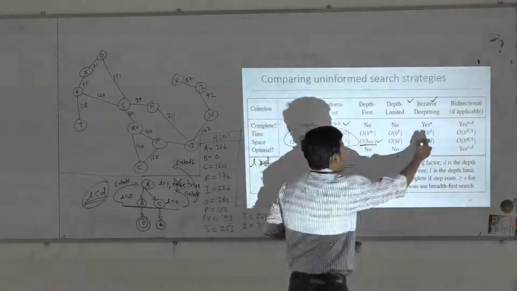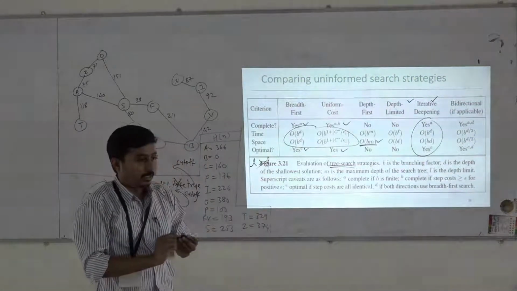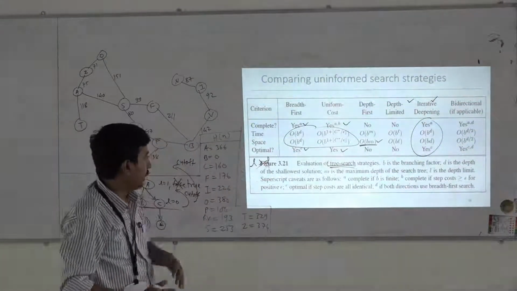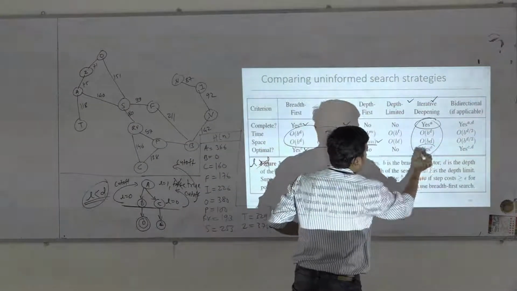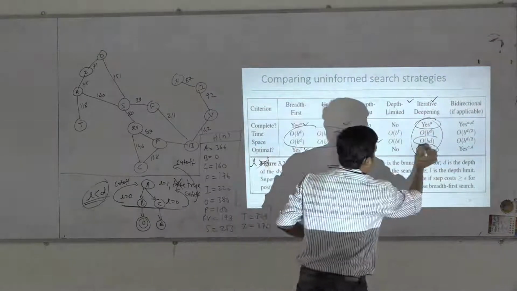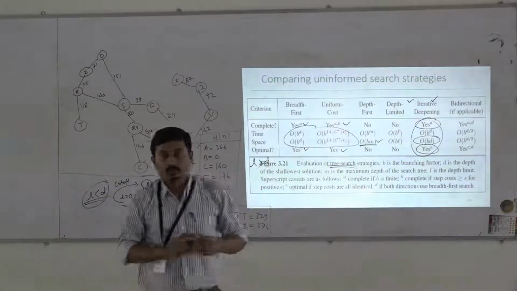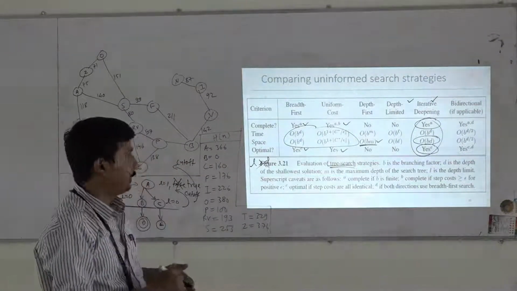Then we came up with iterative deepening search, where we increase the value of L iteratively. It is optimal and complete, and it has linear space complexity. So out of these 5 uninformed search techniques, iterative deepening search is the best one.